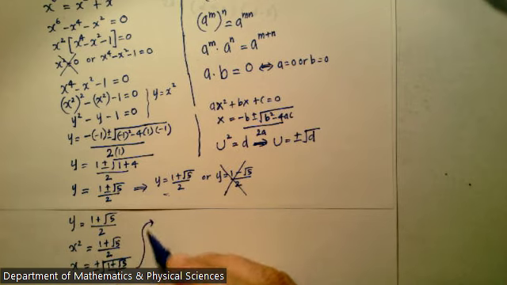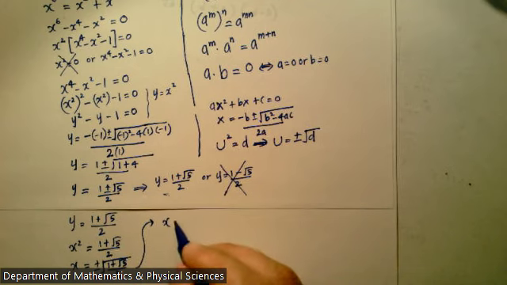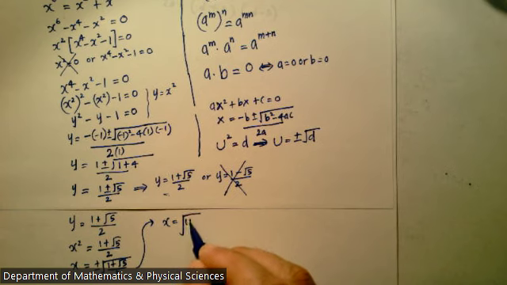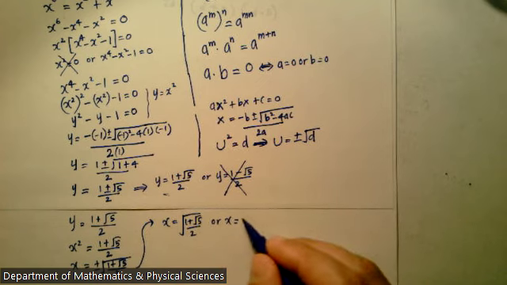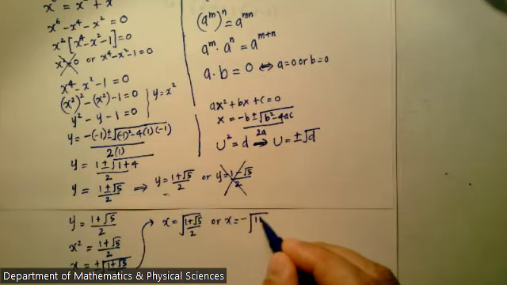Again, one of the solutions for x will be plus square root of 1 plus root 5 over 2. The other will be x is equal to minus square root of 1 plus root 5 over 2.